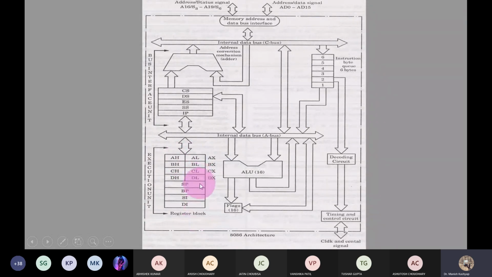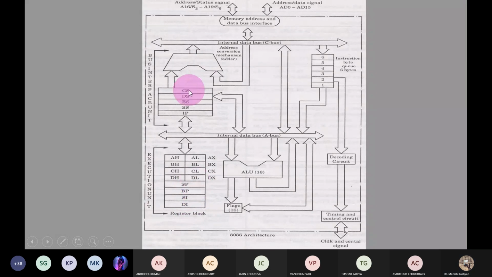There are some pointer registers like the stack pointer. The stack pointer holds the offset address of the top of the stack, and it is used in combination with the SS register. The SS register keeps the base address, and the SP register keeps the offset address.